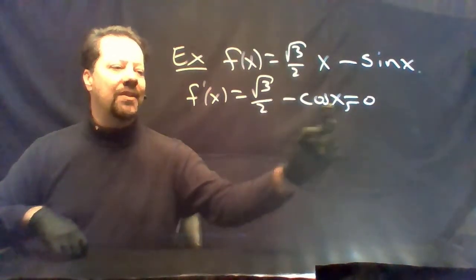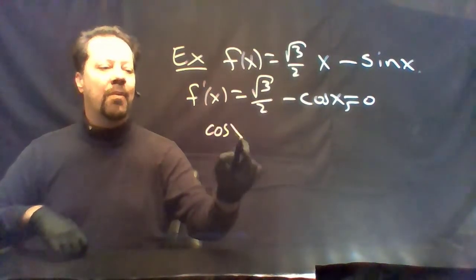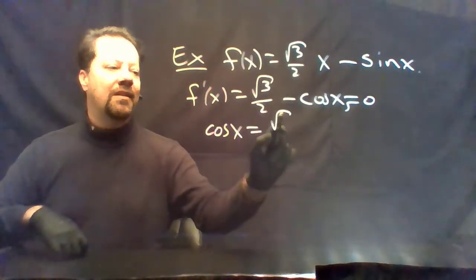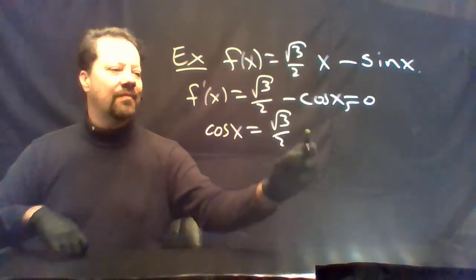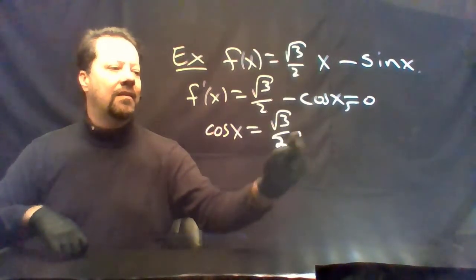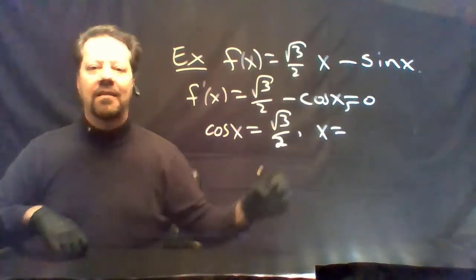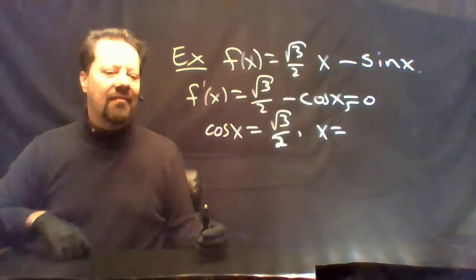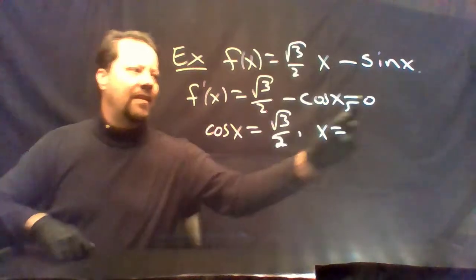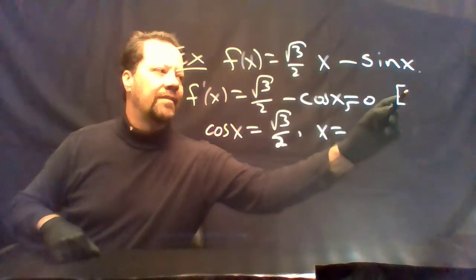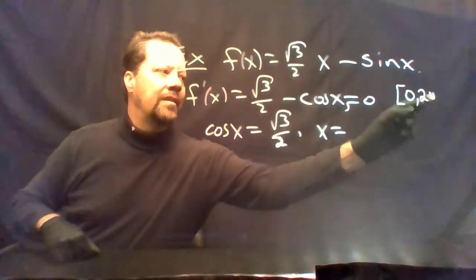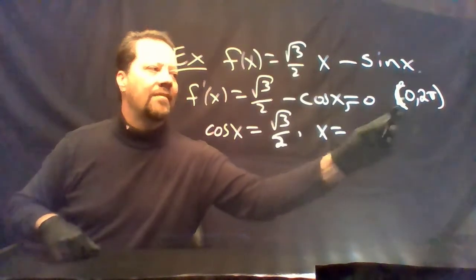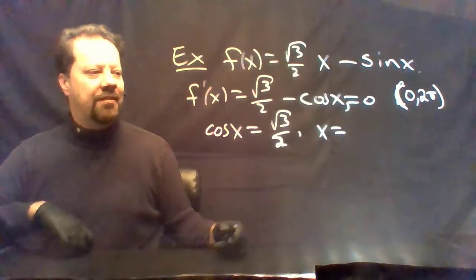If we set this equal to 0, we're looking for points where cosine x is the square root of 3 over 2. Where are these places? Well, for the sake of this problem, let's constrain ourselves to the interval 0 to 2 pi, say the open interval from 0 to 2 pi.